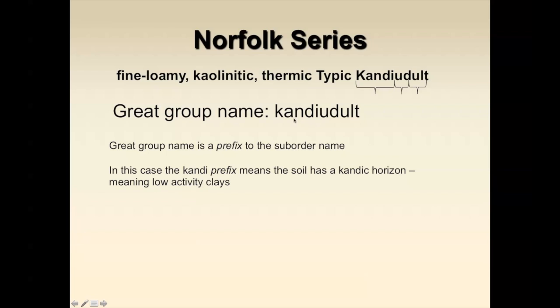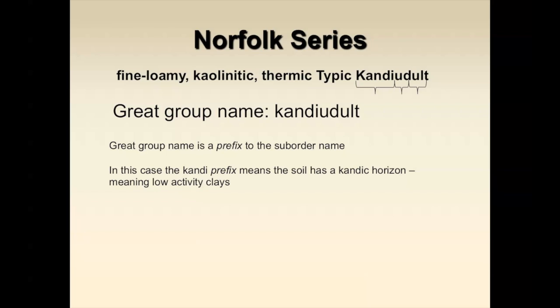So what does that mean? In this case, Candy is a prefix for a soil that has a candic horizon, meaning low activity clays. We have low activity clays in this part of the world. They're 1-to-1 clays. They're kaolinitic.